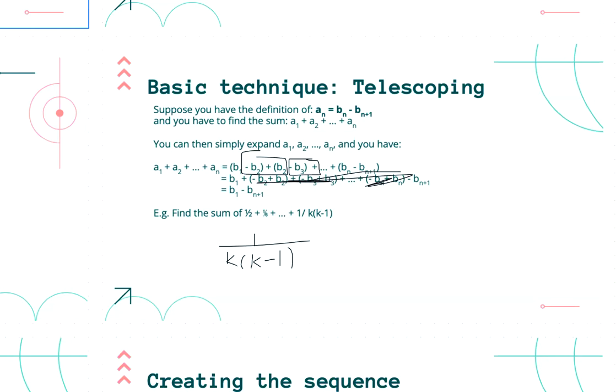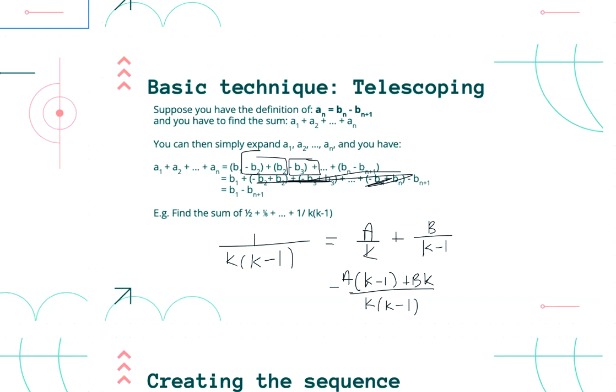So we want to set 2 fractions, a over k, and then b over k minus 1. If we want to set this as equal to our left-hand side, then we rearrange this. So then we get a times k minus 1 plus bk over k times k minus 1, right? So these are equivalent.